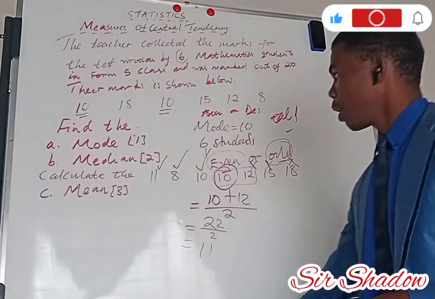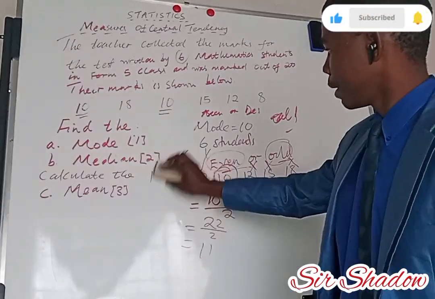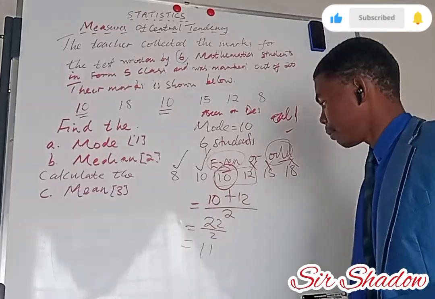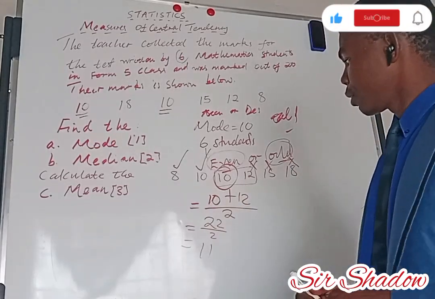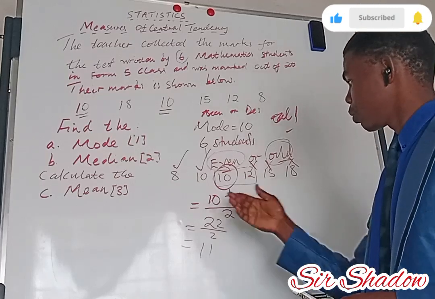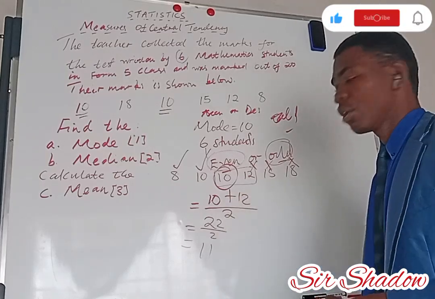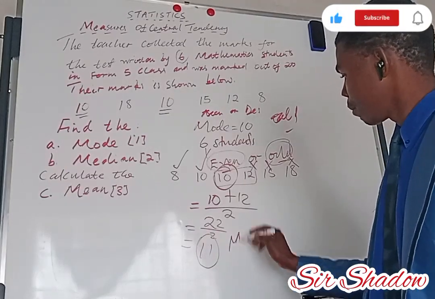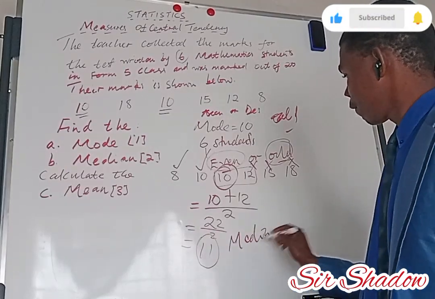But if our data is even, then you have to add the 2 values and divide by 2. We have 22: 10 plus 12, 22 divided by 2, which is 11. So 11 becomes our median from this given data.